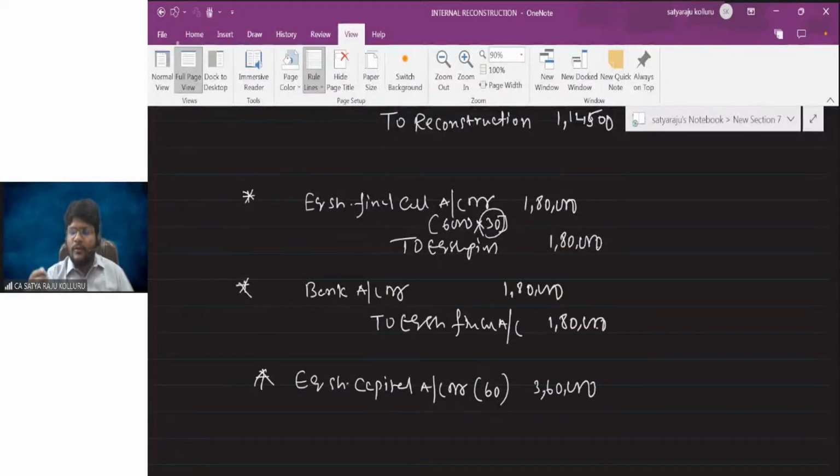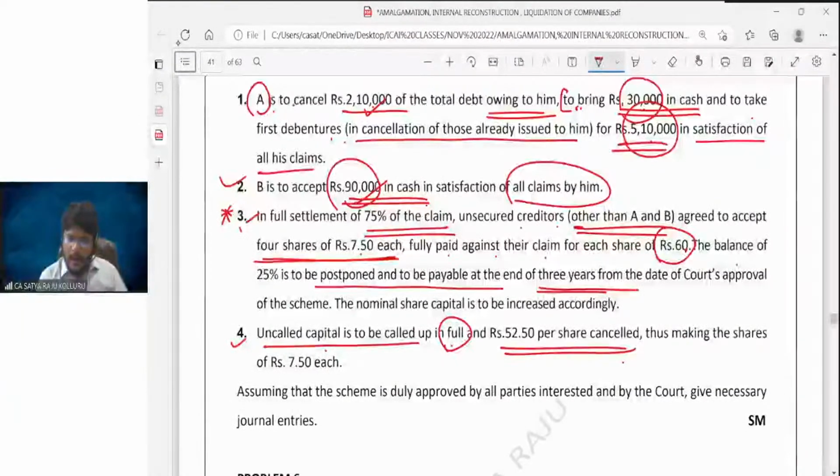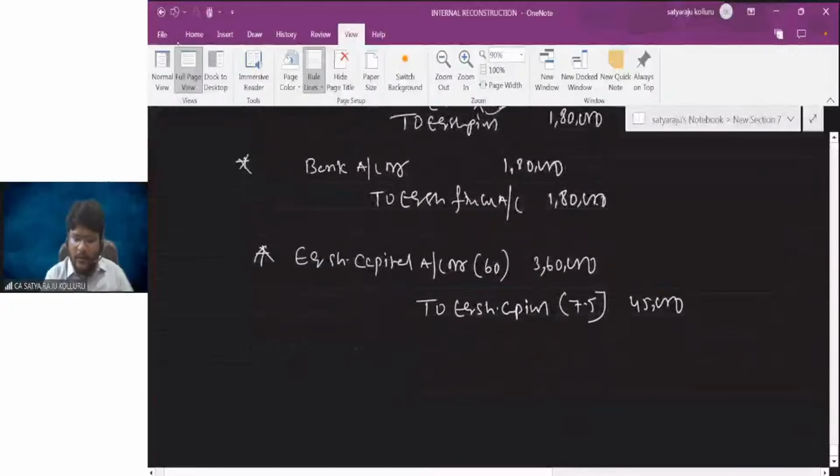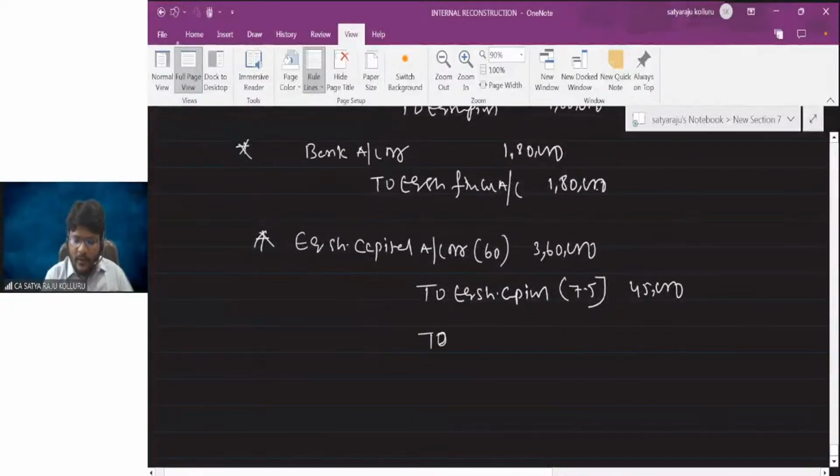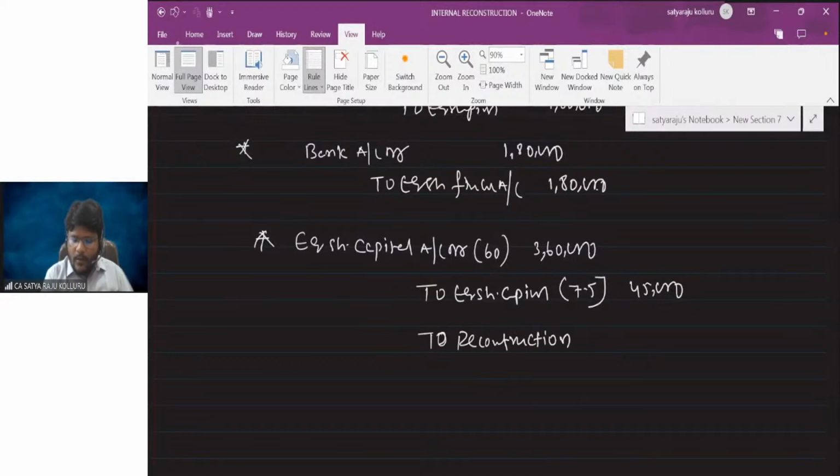That is 6,000 into 60, to equity share capital 7.5. 6,000 into 7.5, which is 45,000. He's telling that 52.50 per share is cancelled. Cancel means it should be transferred to reconstruction account. What is the balance? 3,15,000.